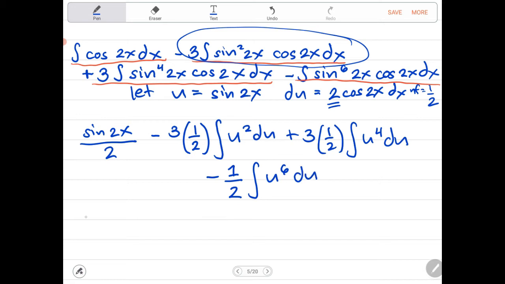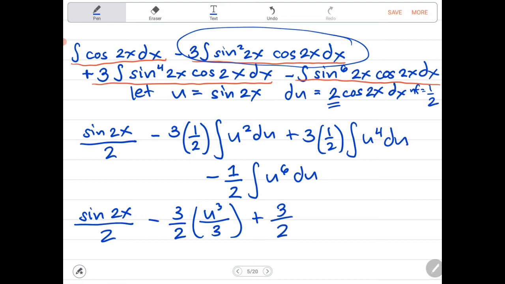So let us now integrate. So sine 2x over 2 minus 3 over 2 u raised to 3 over 3 plus 3 over 2 u raised to 5 over 5 minus 1/2, then we have u raised to 7 over 7, then plus c.